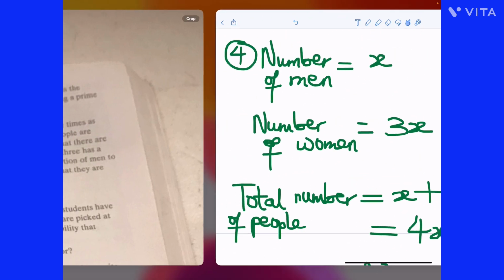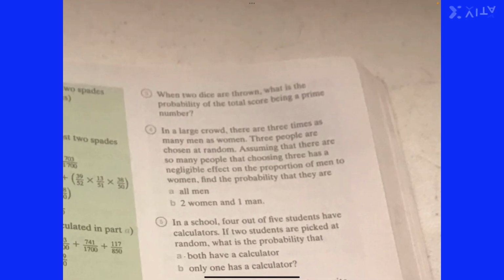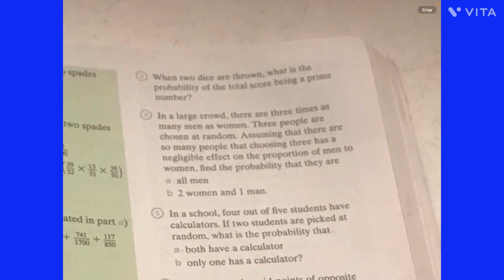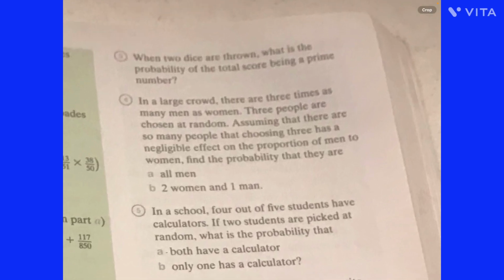In question 4, it says, in a large crowd, there are 3 times as many men as women. So that means if the number of men is X, the number of women will be 3X. 3 people are chosen at random.